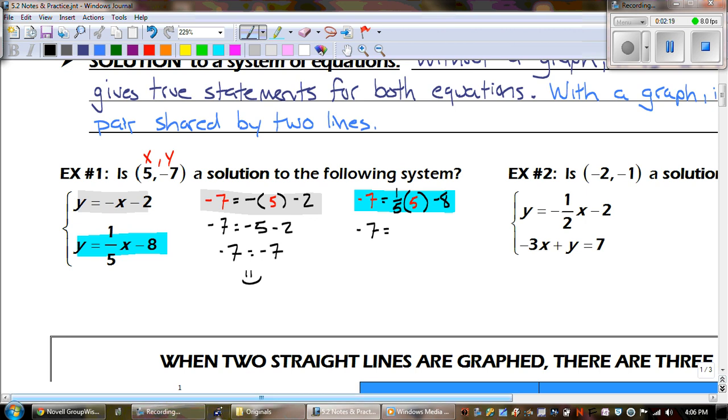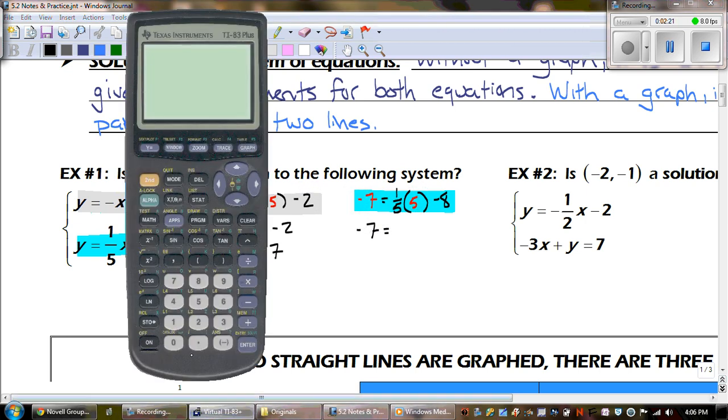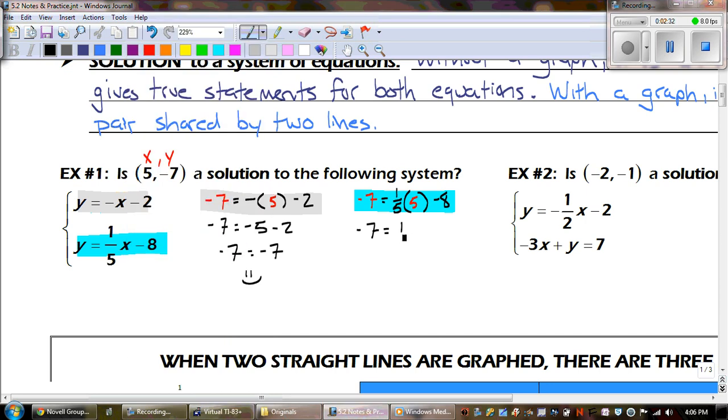Plugging that into our calculators, in parentheses, we have 1 divided by 5 times 5, and that gives us 1. So 1 minus 8 is -7, and -7 equals -7. Both of those are true. Our answer for number 1 would be yes. The key thing is they both need to be true.